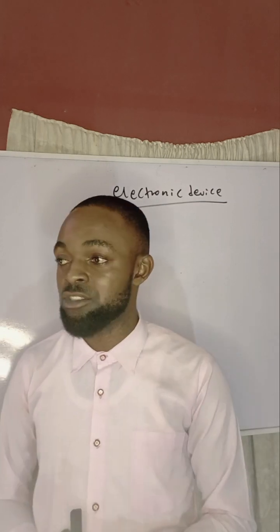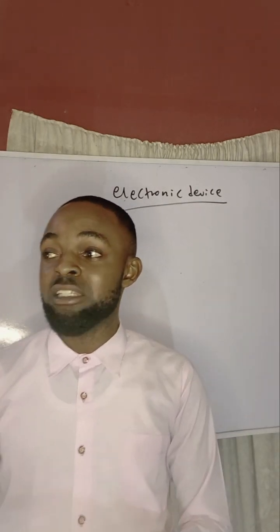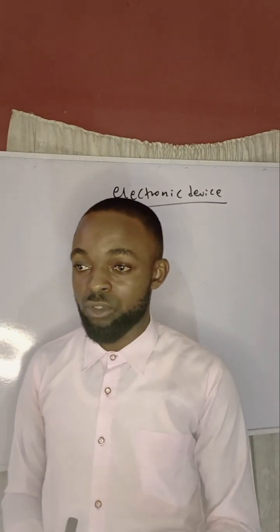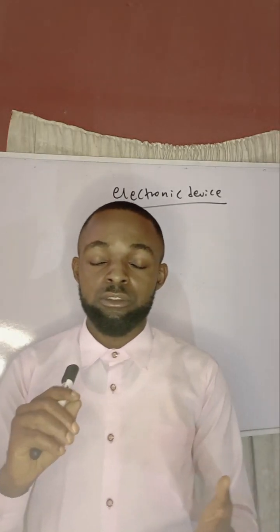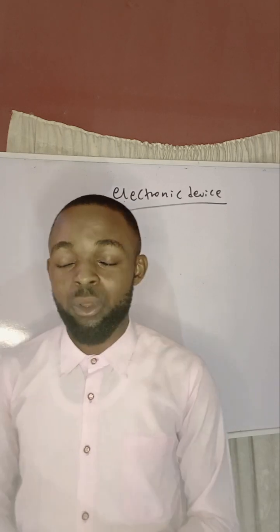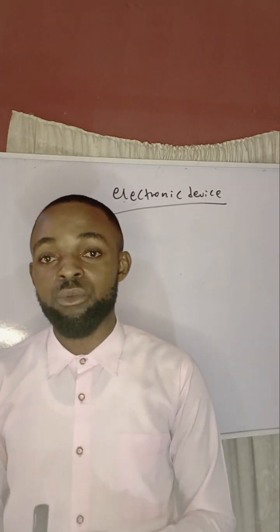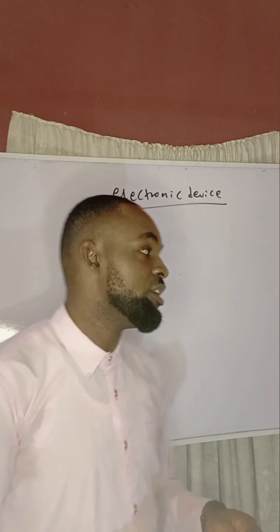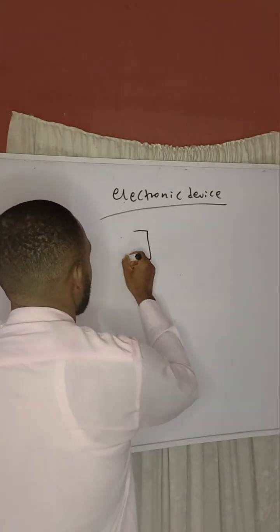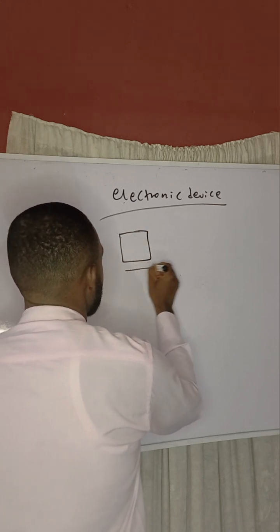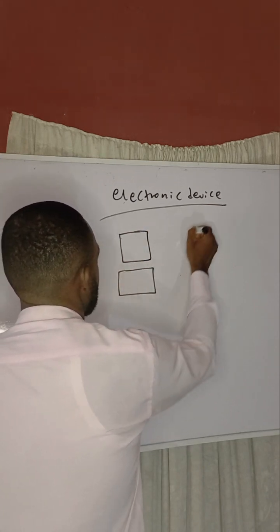Remember, for those writing JAMB and WAEC, the difference between semiconductor, insulator, and conductor is best explained using what? Band theory. In band theory, the band is made up of two parts.